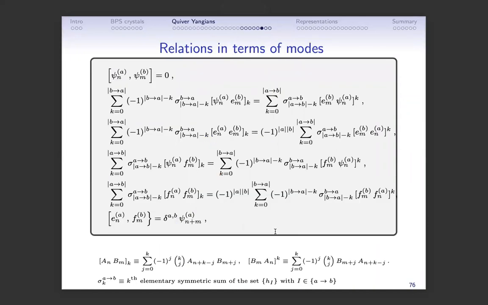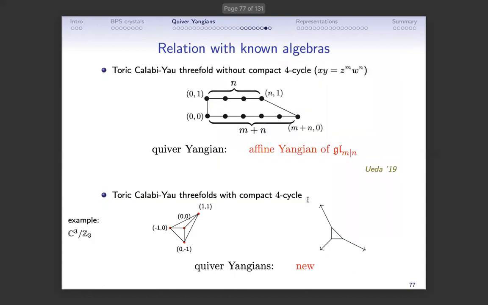Now if you want the mode relations, you just expand this OPE type relation here and compare the singular terms. This is the full set of relations. For the toric Calabi-Yau without the compact fourth cycle, this quiver Yangian constructed this way is actually just the affine Yangian of a super Lie algebra, GL(m|n).